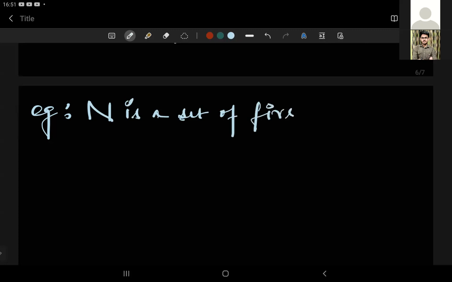So if we take a very common example, say we have a set N, which is the set of the first 10 natural numbers. Can you scroll up a bit? I think I missed one part.